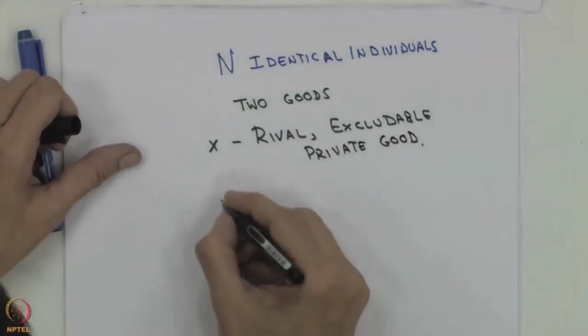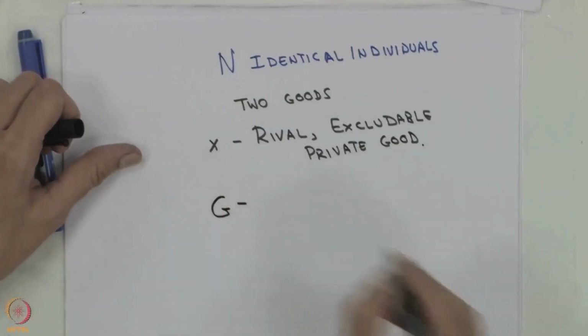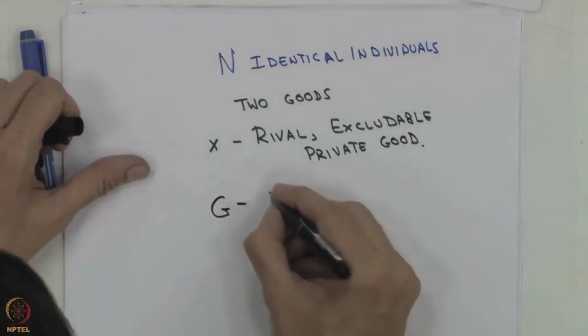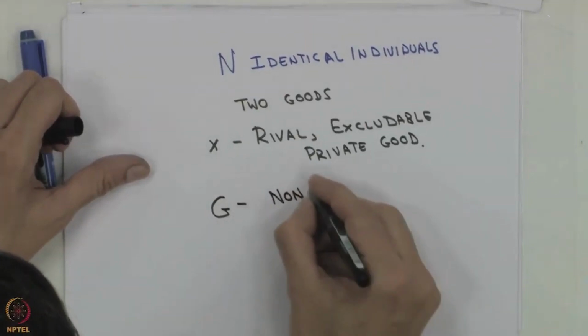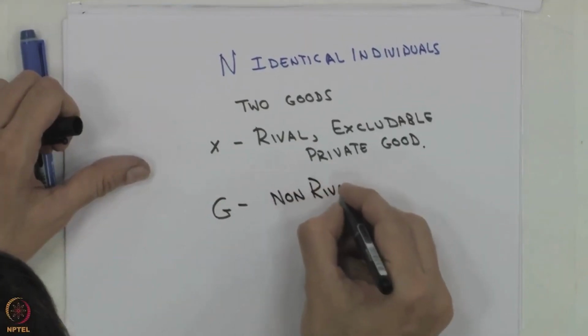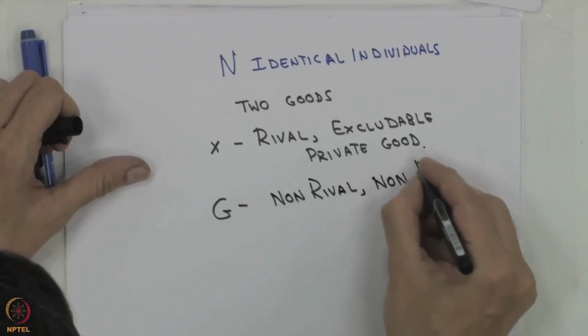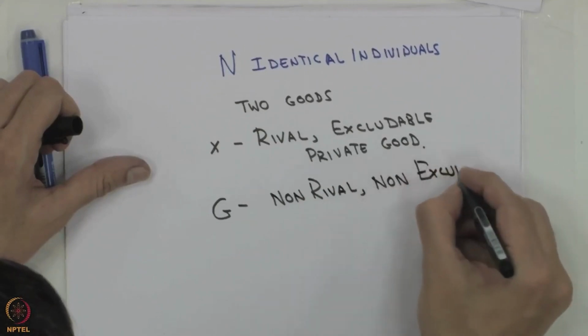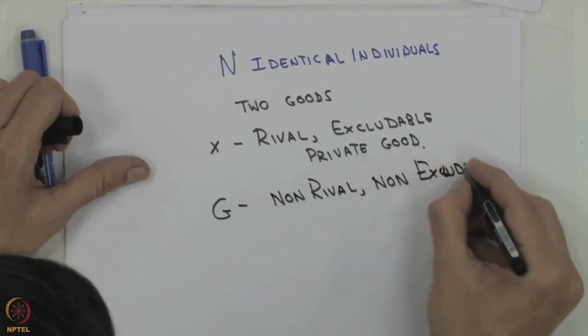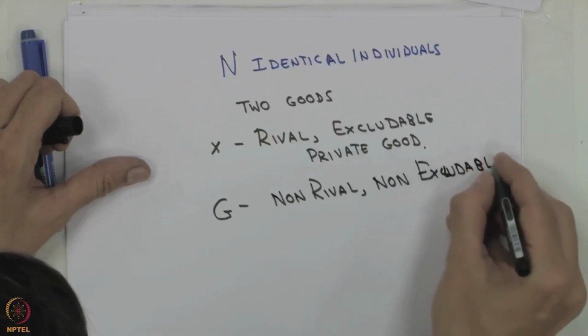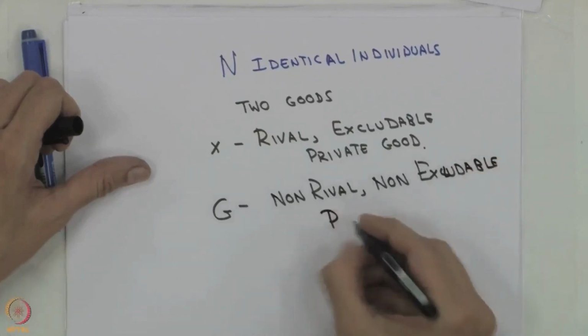And the second one is G, which is a non-rival, non-excludable, public good.